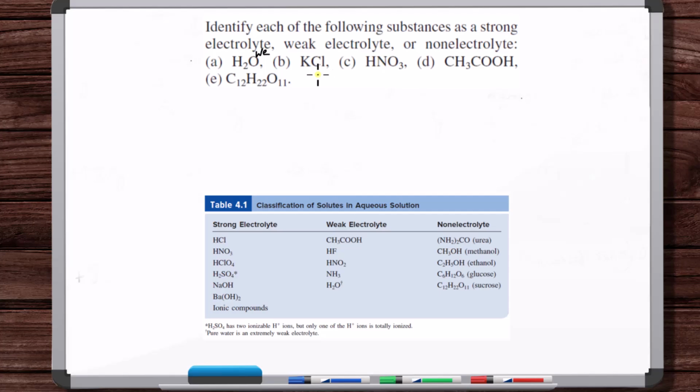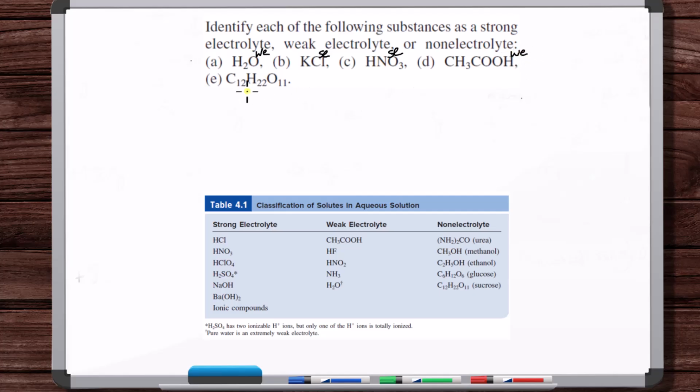So it's not a non-electrolyte, it's a weak electrolyte. Okay, potassium chloride. Well, we don't see potassium chloride anywhere, but we know that potassium chloride is an ionic compound. All ionic compounds are strong electrolytes. Okay, HNO3. We see HNO3 here, strong electrolyte. CH3COOH. That's a weak electrolyte.